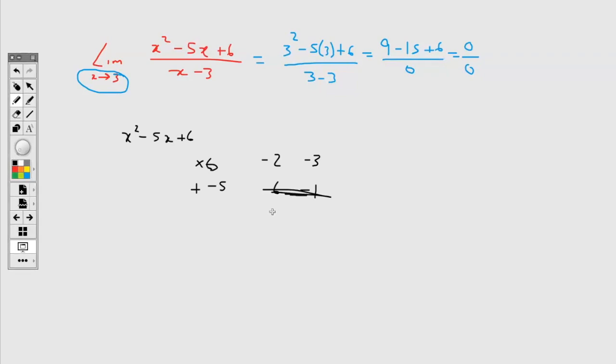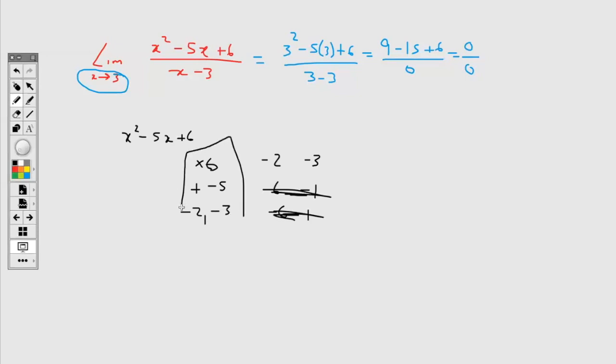And the next combination, we cannot use negative 6 and positive 1, because even though they add to give us minus 5, when we multiply them, it gives us negative 6. So the best combination is -2 and -3 because when we multiply, we get +6, and when we add, we get -5. So the factors are -2 and -3.